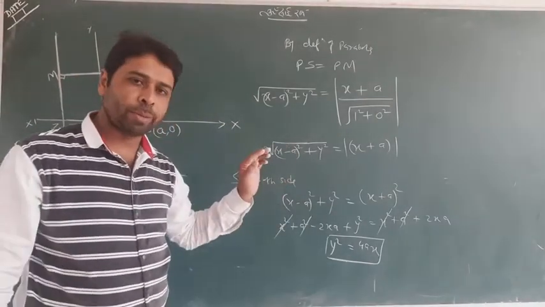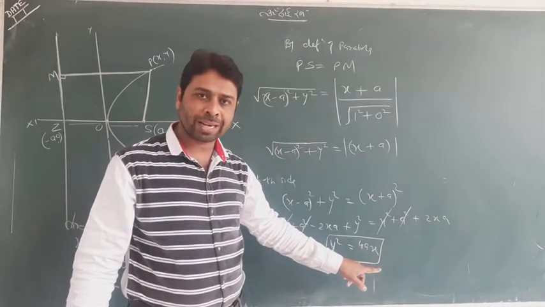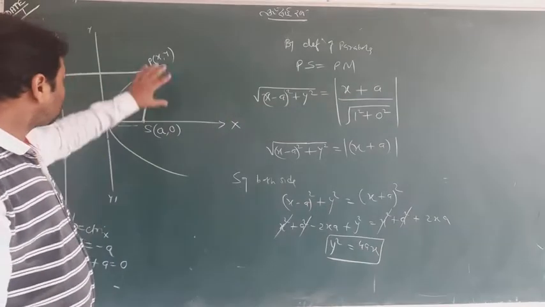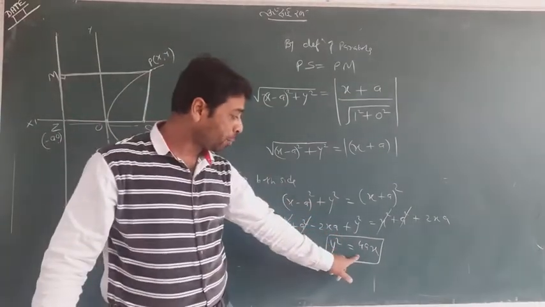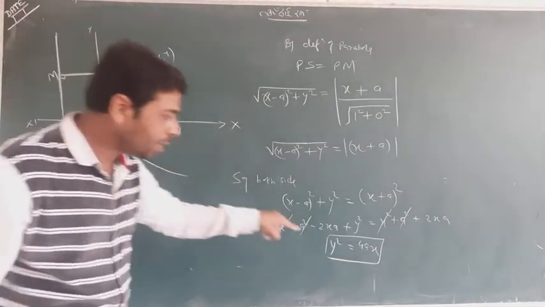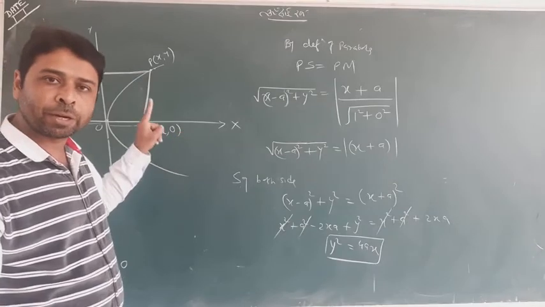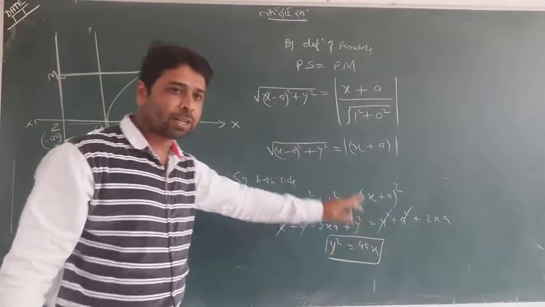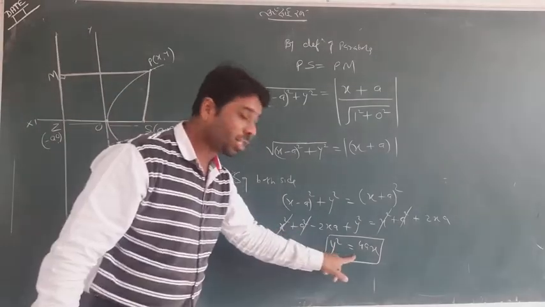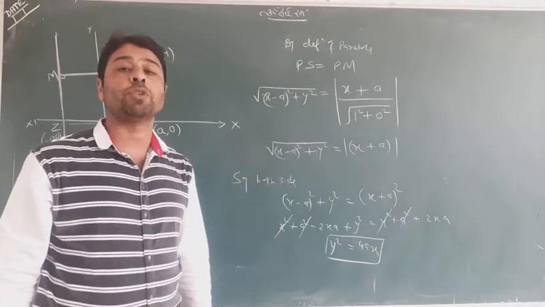You should understand that the point (a, 0) forms S. For this particular parabola's equation, remember these initial things: S is the focus, (a, 0); the directrix equation is x plus a equals 0; and the vertex is the origin. You must remember these certain things.